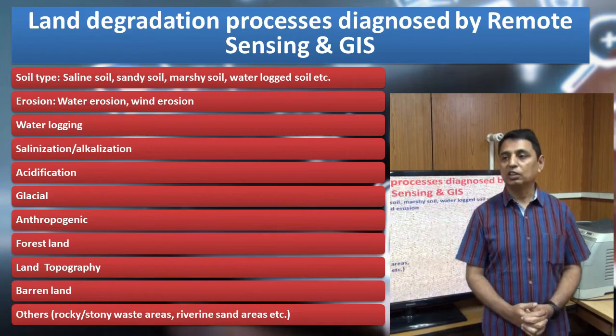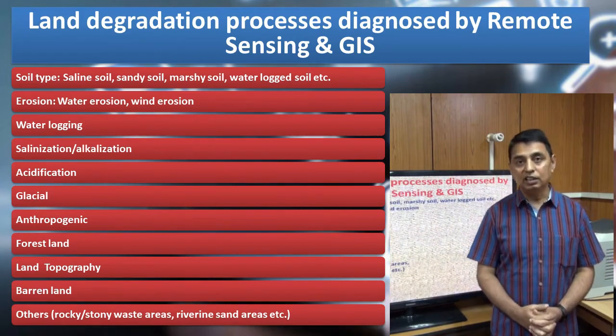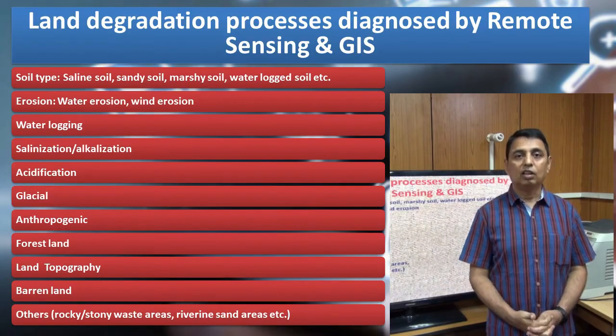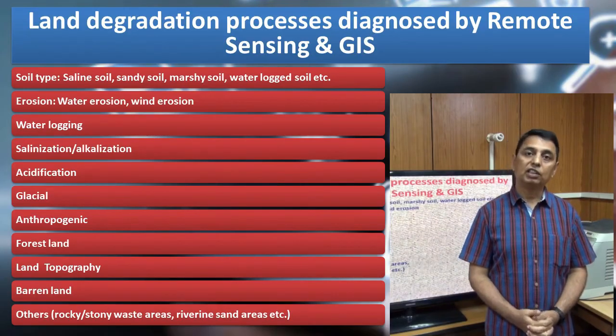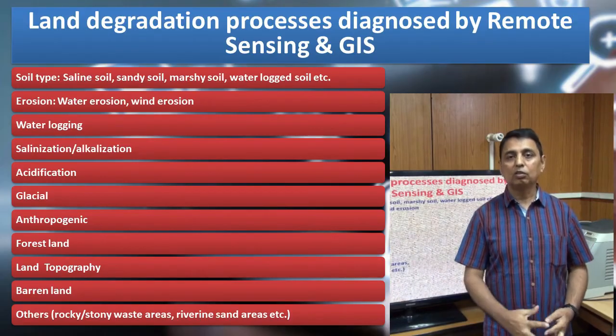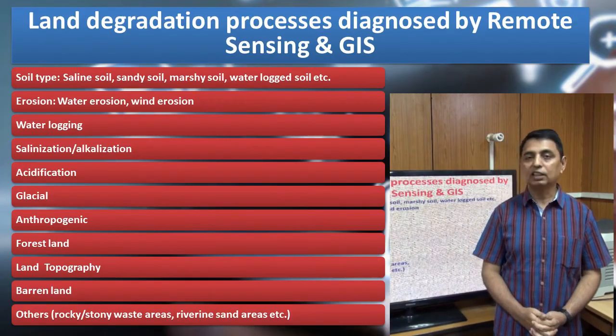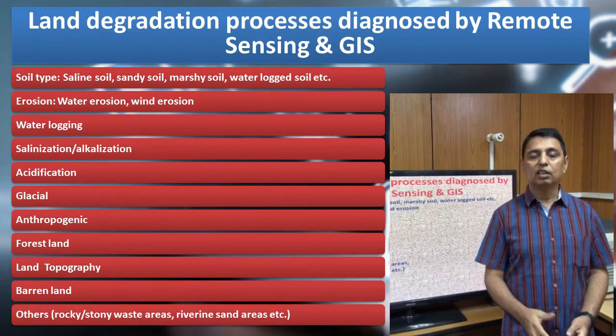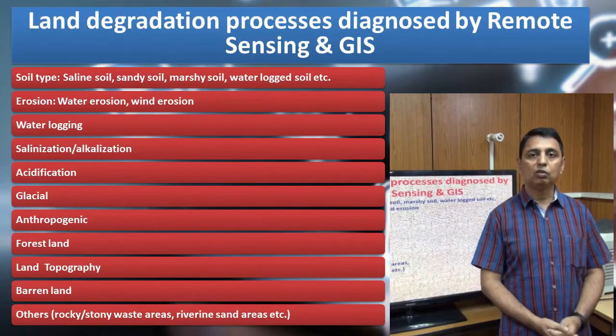So the remote sensing technique is easy and cheap also, and nowadays even for town planning remote sensing and GIS techniques are used. With the help of GIS, town planning is going on.